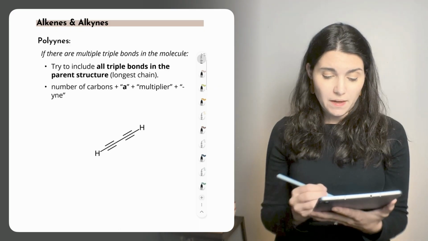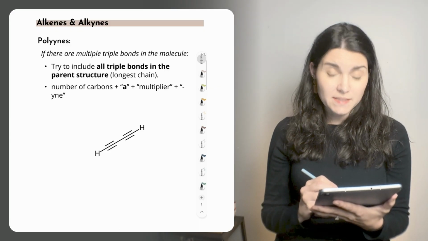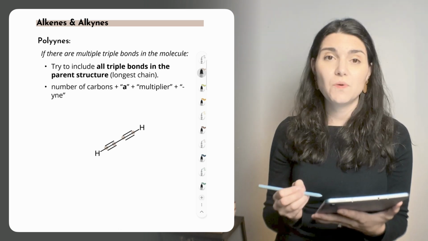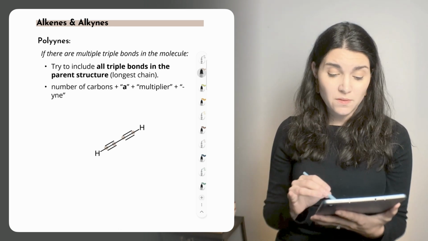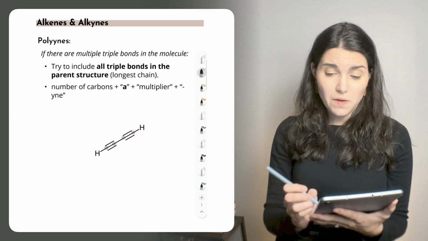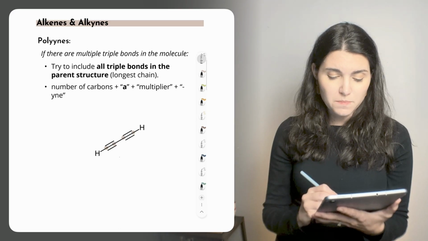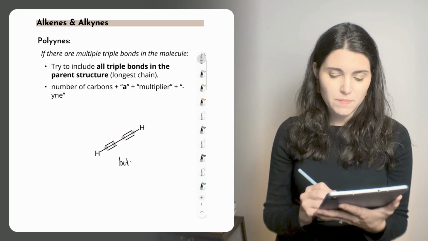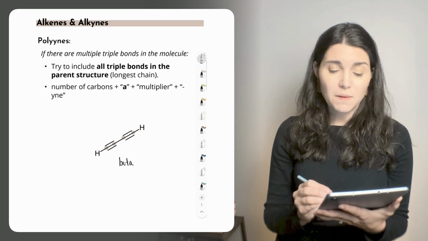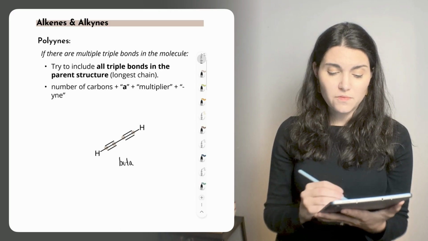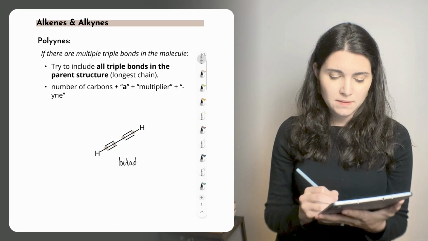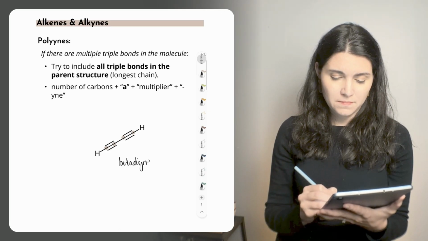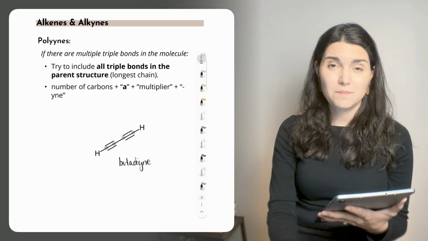Here's a molecule with a couple of triple bonds in it, and let's count the carbons. 1, 2, 3, 4. So there's 4 carbons in this molecule, and there are 2 triple bonds. The word for 4 carbons is but, and then we're going to add the letter A, buta, and then a multiplier, so di for 2 triple bonds, and then -yne. Butadiyne.